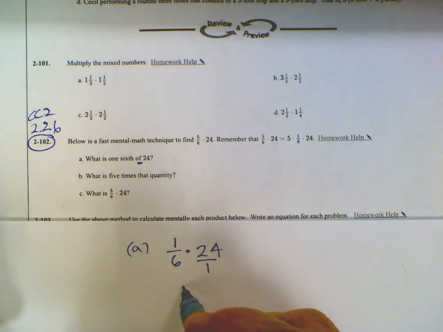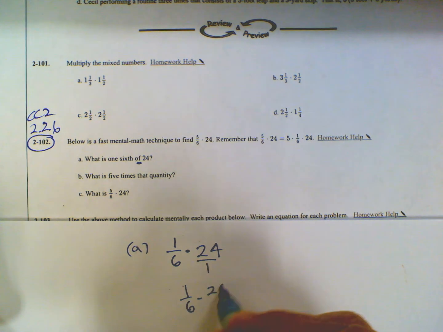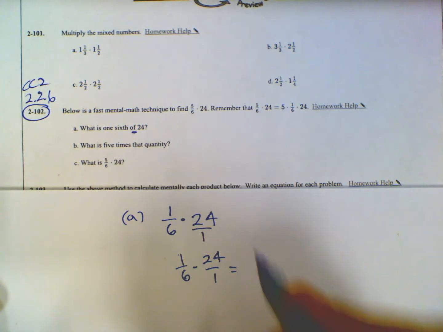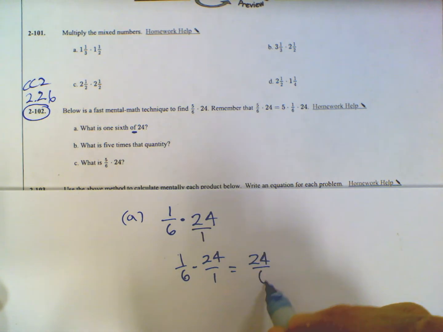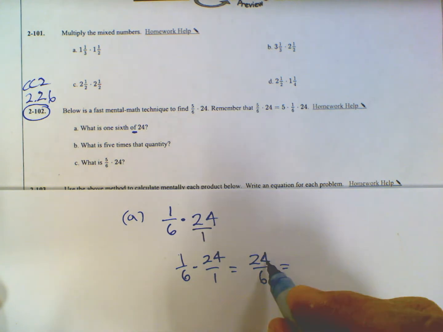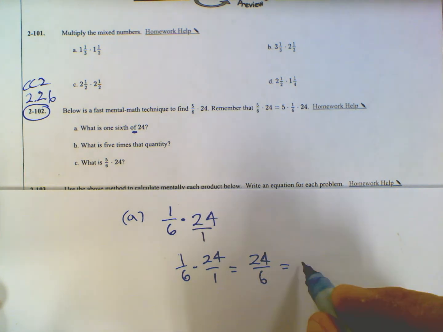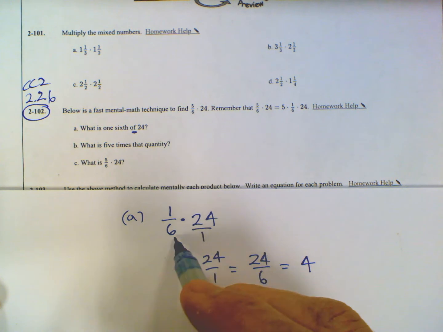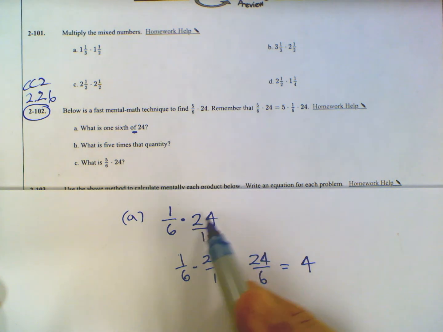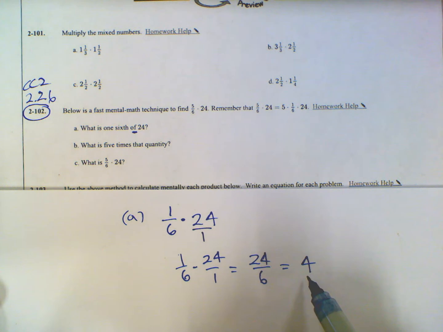So now it's 1/6 times 24 over 1, which gives you 24 over 6. A quick way to say 1/6 of 24 is 24 over 6, or 24 divided by 6, which is 4.